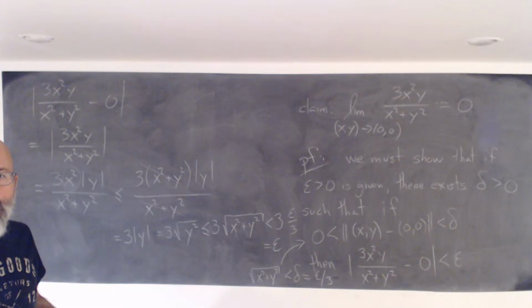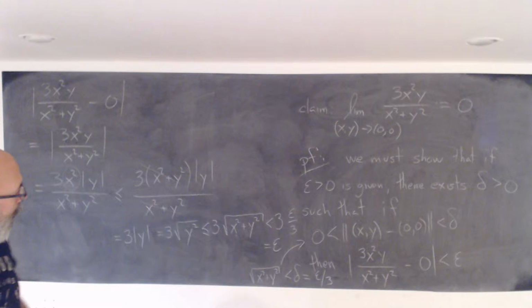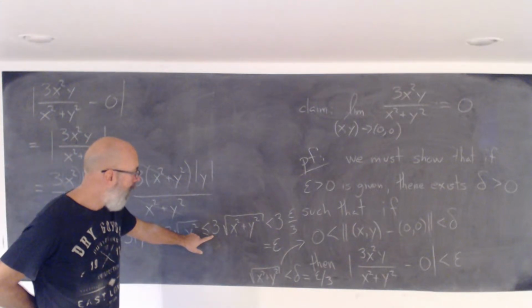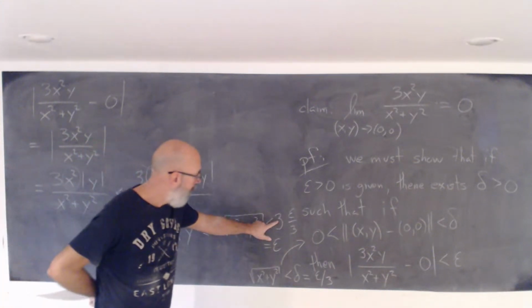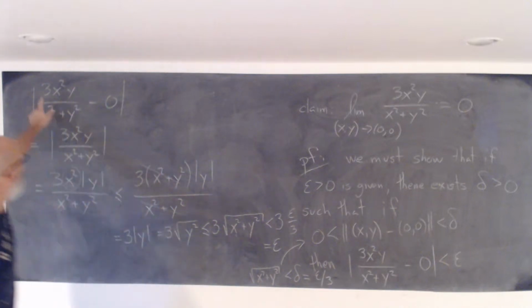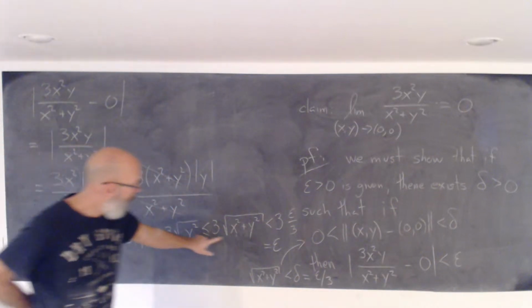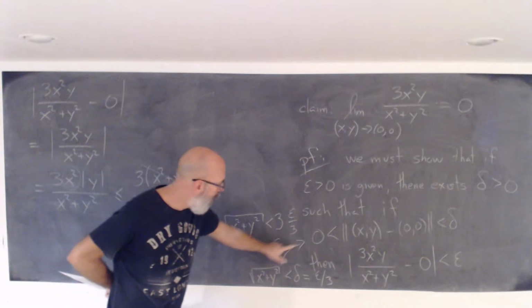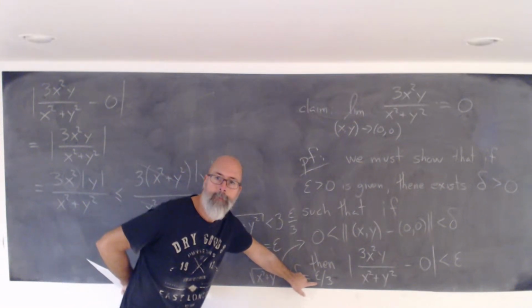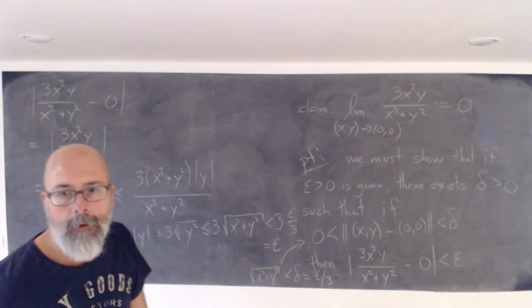Why do we have to multiply epsilon by 3? Well, the 3 is already there, right? So we have no choice. It just carries along. Here we were not multiplying epsilon by 3, but taking epsilon over 3.